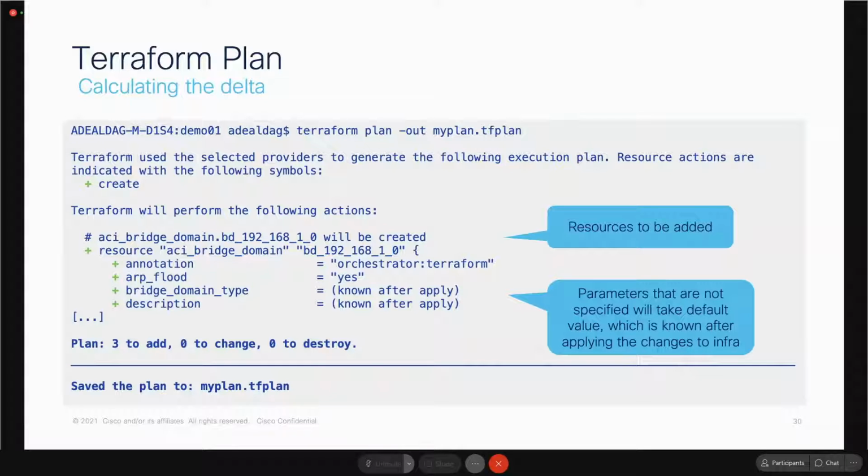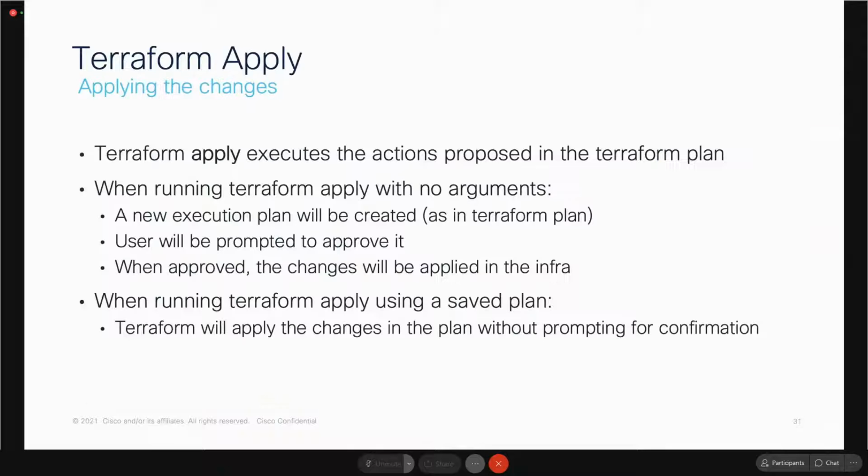During the day, someone can make a change in the infrastructure, and then your plan can change. But your plan is already approved, so you already verified what the changes to be done are. If you want to make sure that those are the changes that are done and nothing else, you can use this particular file, and save the plan in the file, and then use it. If you don't, the apply will create a new plan on the fly at that moment, and then you need to approve it at this particular moment.